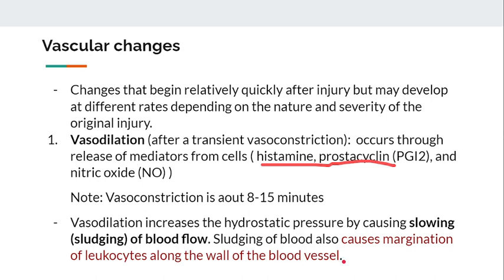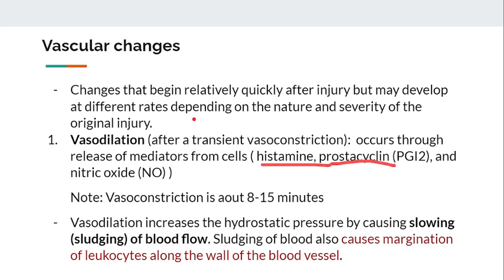So initially, cells are moving through blood vessels, they are going to move in between. I'm sure we know that law of physics. In between of the blood vessel, that's where the cells are going to be moving from. But then vasodilation will cause slowing of blood.